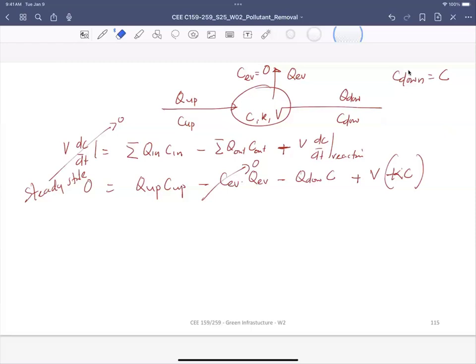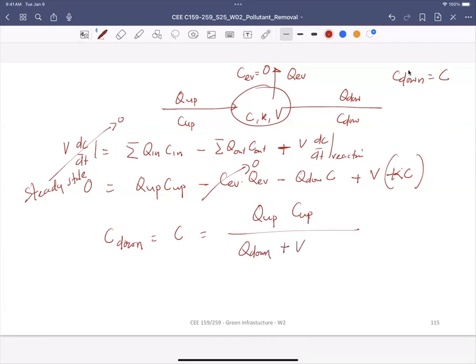Now we can solve for C. If you rearrange the equation, C in the outflow, or C out, or C down, equals Q up, C up divided by Q down plus V K.